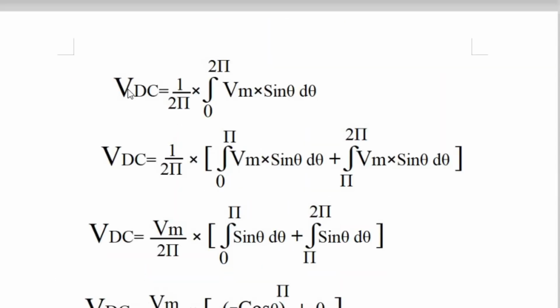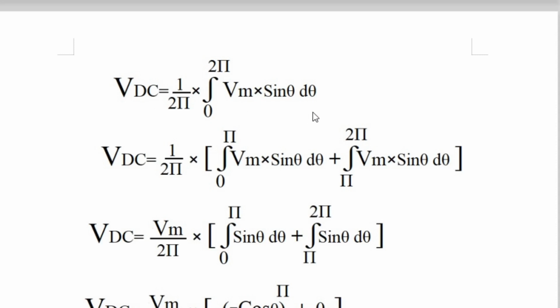VDC is equal to 1 upon 2 pi, this is the one cycle, integration of 0 to 2 pi, Vm, means maximum voltage, into sine theta d theta. Why sine theta? Because we are applying a sinusoidal waveform, sine waveform, as an AC input signal.